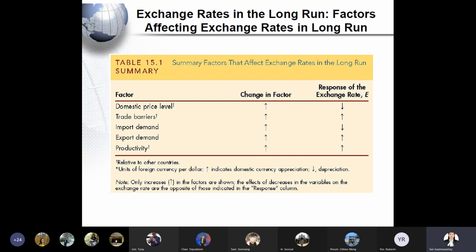Import demand is in reverse. Export demand: when there is an increase in export demand, the response of the exchange rate is the appreciation of the currency. And an increase in productivity will also lead to an appreciation of the exchange rate as well.